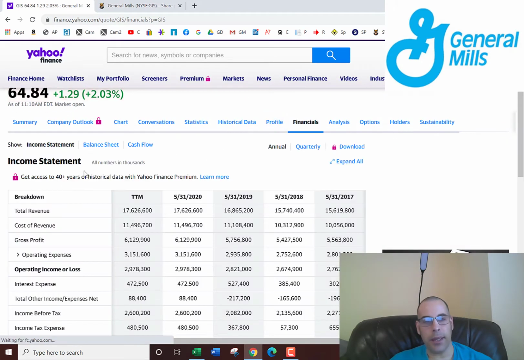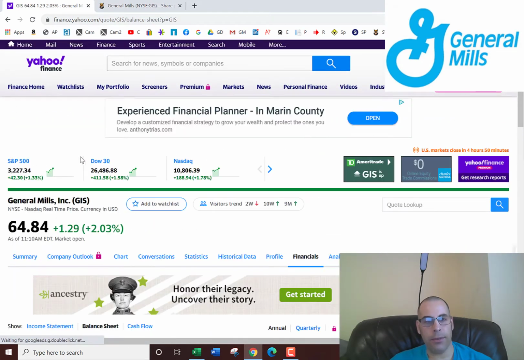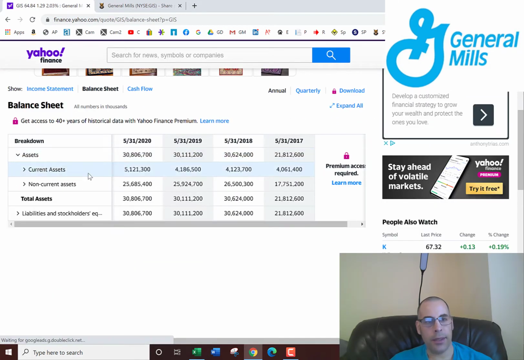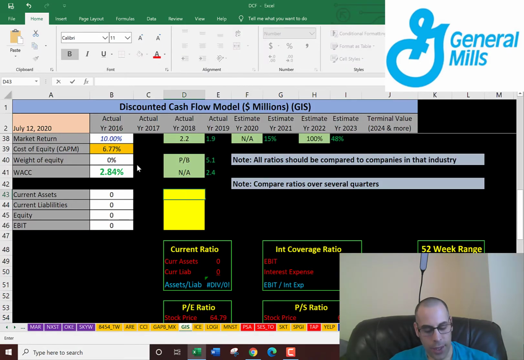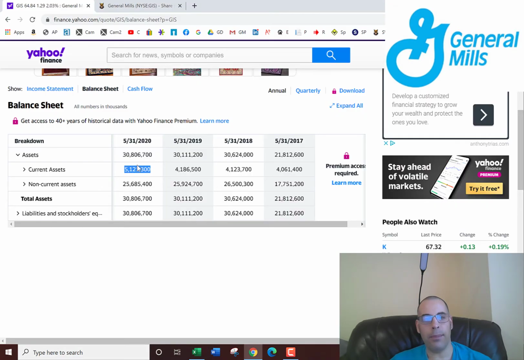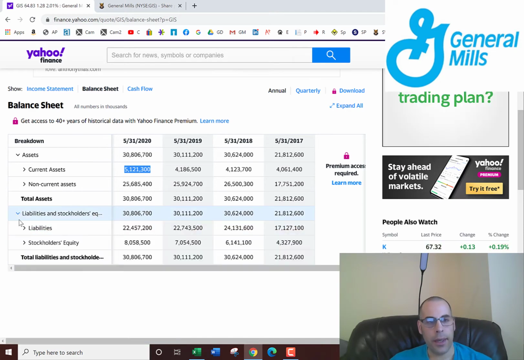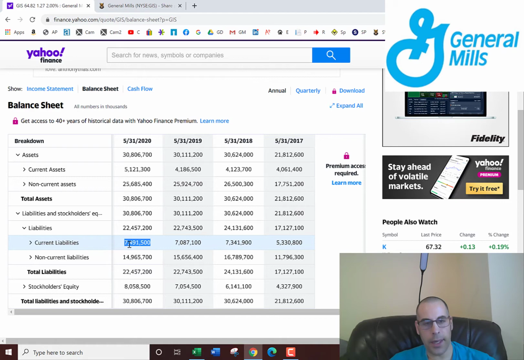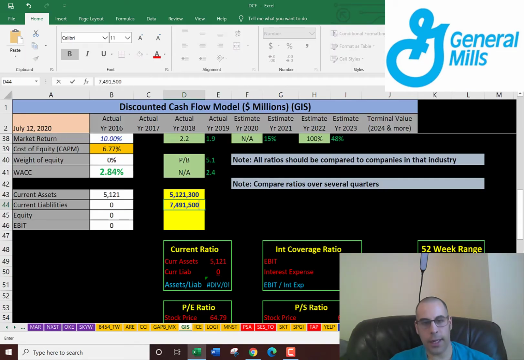Let's go back to the balance sheet, because we need some information to calculate the current ratio later. So we need the current assets. These are cash, accounts receivables, and inventory. That's $5.1 billion. And current liabilities is what the company owes within the next 12 months. That's $7.5 billion.